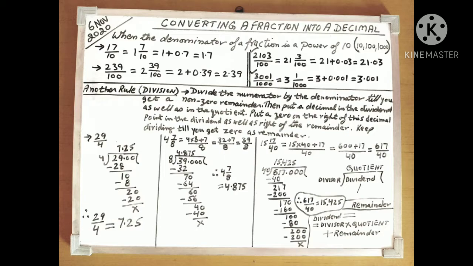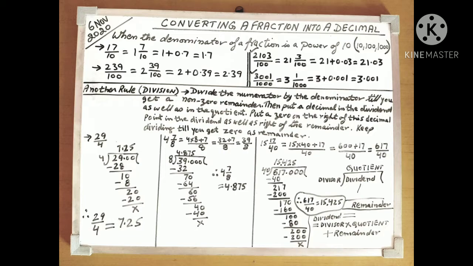So when we convert this mixed fraction into an improper fraction, we get 15 fours are 60, that is 600 plus 17 is equal to 617 by 40. Now 617 is the dividend and we divide it with the divisor 40. So proceeding the same way, we carry on with the division till we get the final remainder as 0.